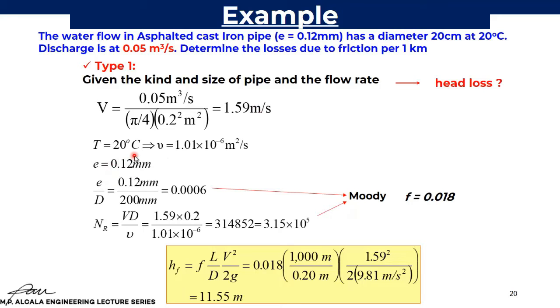Now, at 20 degrees Celsius, the kinematic viscosity is 1.01 times 10 to the negative 6. Usually, class, this is given. If it is not given, it can be identified from your tables. The roughness is 0.12 millimeter, given. So the relative roughness e over D will give us 0.0006.